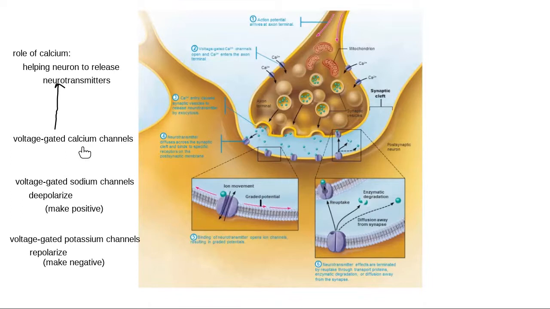But the other 2 kinds are the voltage-gated sodium channels that I use to get to positive 30, and the voltage-gated potassium channels that I use to get back to normal. So make sure when you're working on that assignment and it asks you about the axon terminal, we're talking about the axon terminal right here, you tell me all 3 of these types of channels.